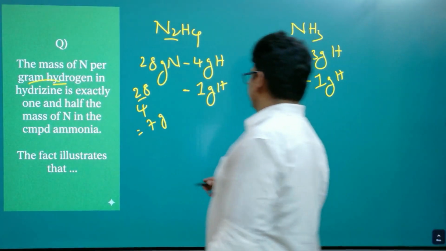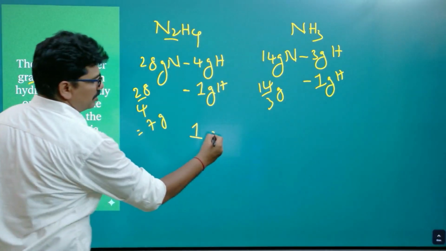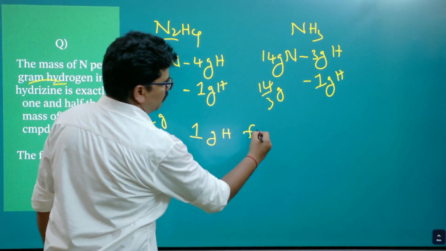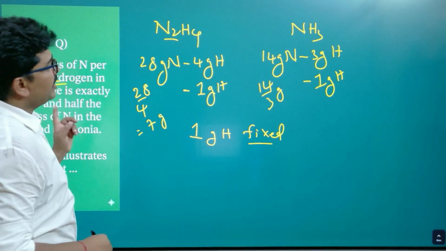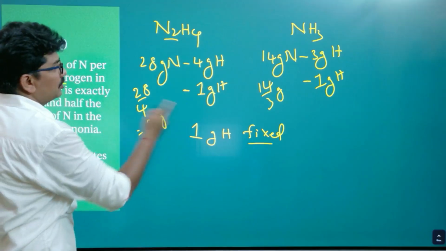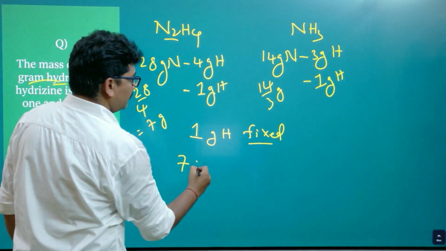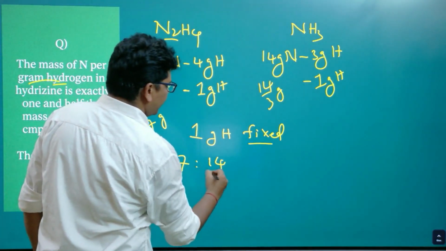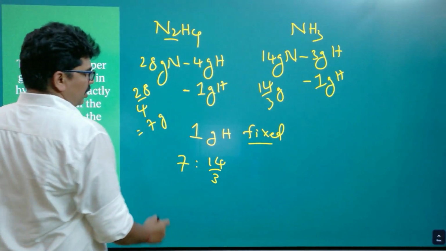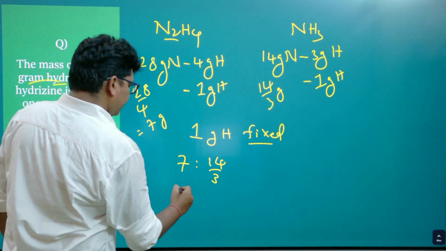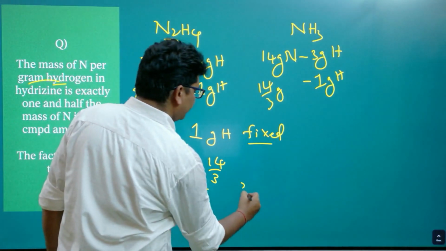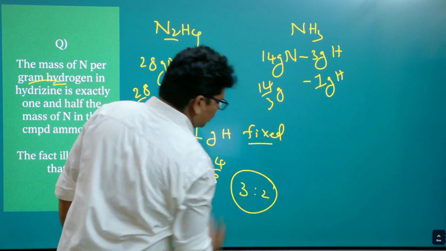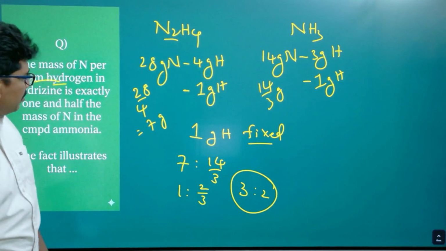So for the fixed mass of 1 gram hydrogen, find the ratio of masses of nitrogen in these two compounds, that is 7:14 by 3. So 7:14 by 3 means that is 1:2 by 3, and this ratio is what? 3:2. 3:2 is a simple whole number ratio.